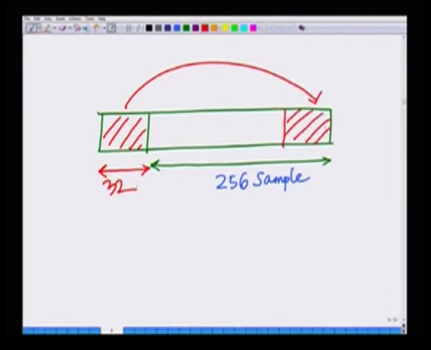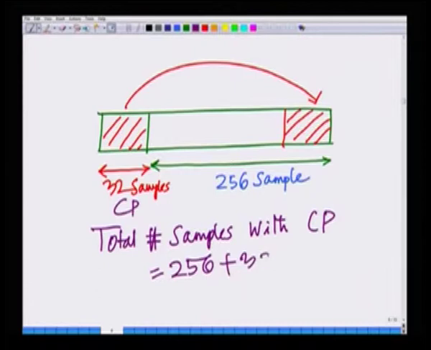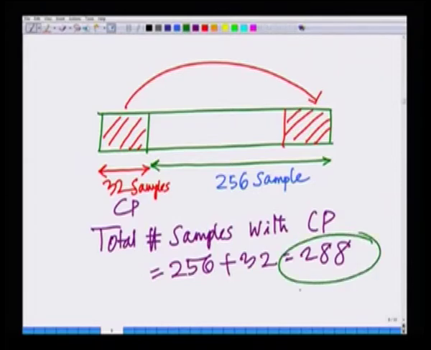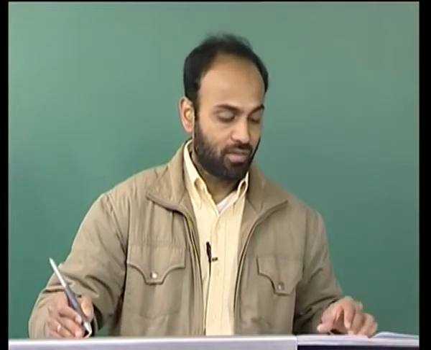So, this is 32 samples and this is the cyclic prefix, and hence the total number of samples with cyclic prefix in one OFDM symbol equals 256 plus 32 equals 288 samples. That is the total number of samples in this OFDM symbol with the cyclic prefix.